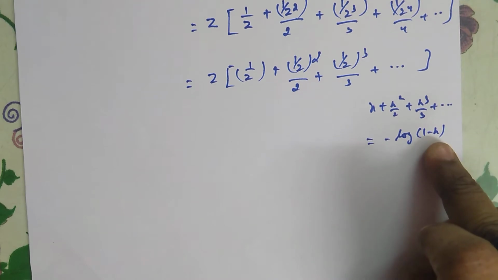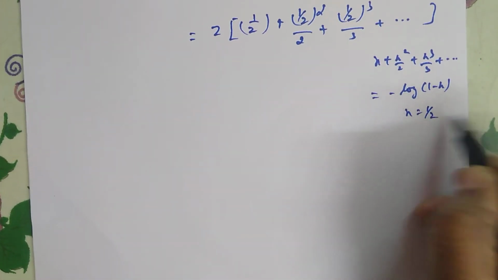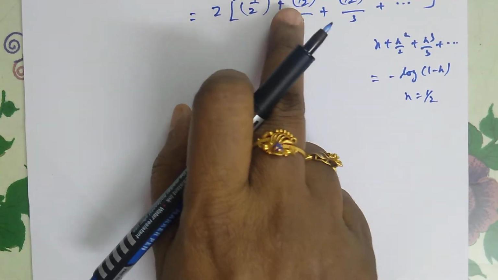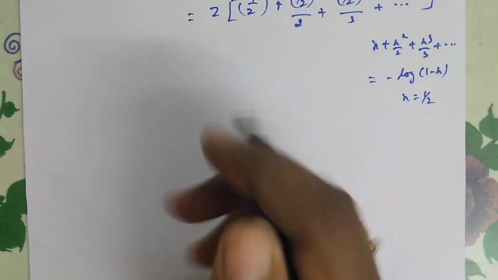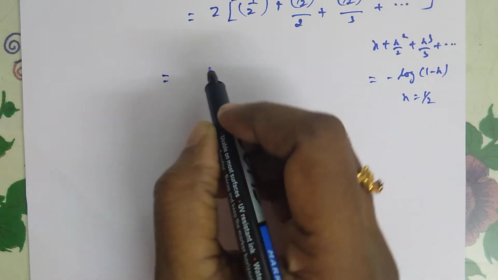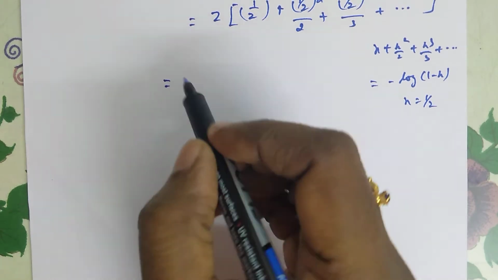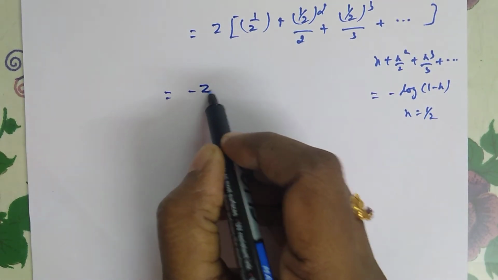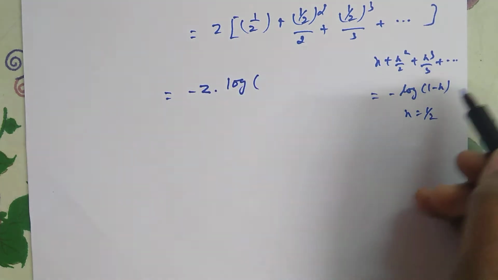So in the place of x we are having 1 by z. So x is equal to 1 by z. So we can replace this expansion with minus log of 1 minus x. Already one z is there. So minus z into log of 1 minus x.